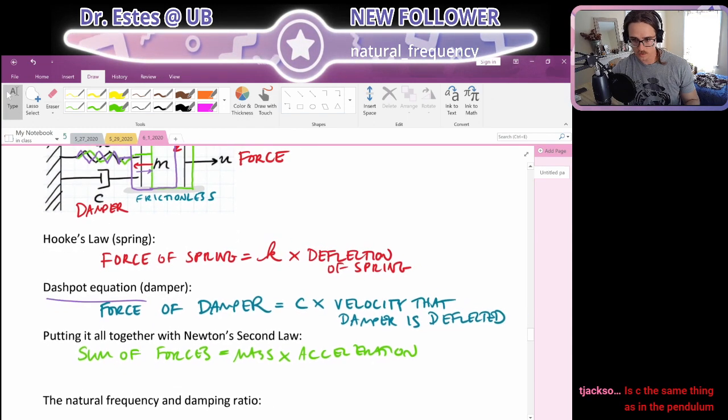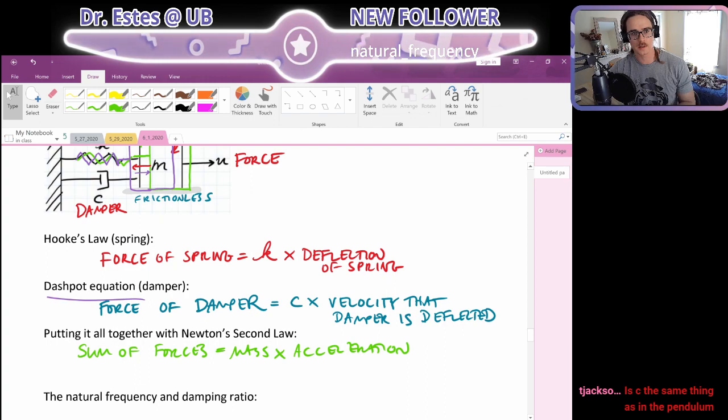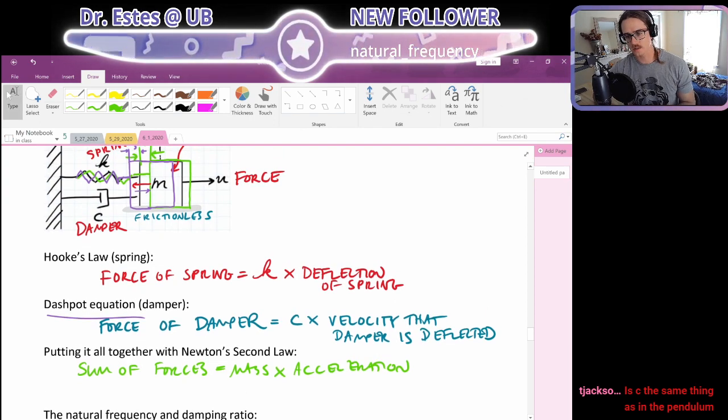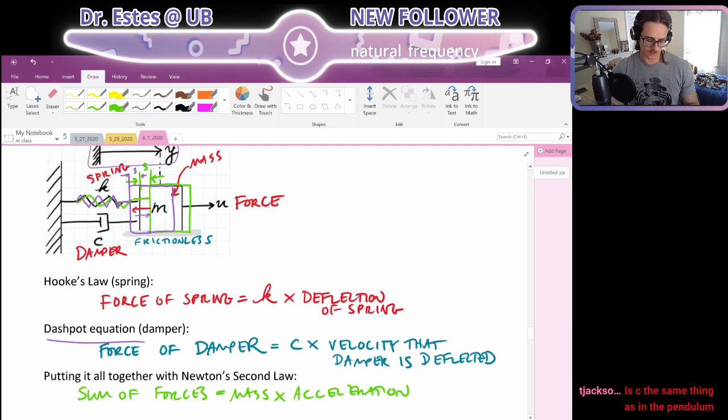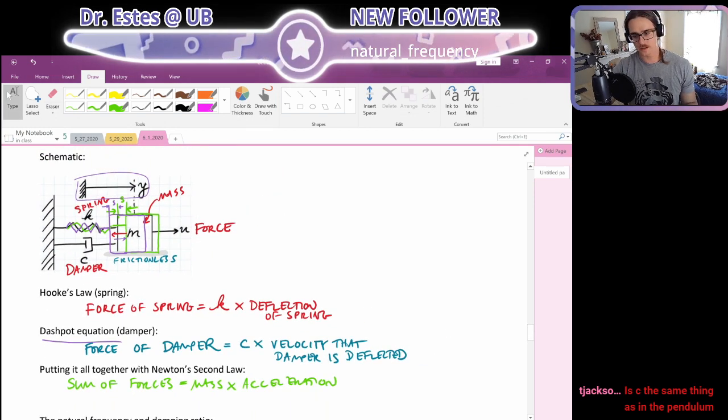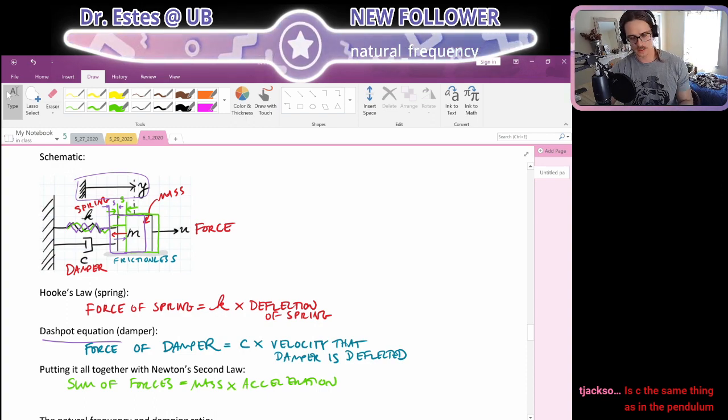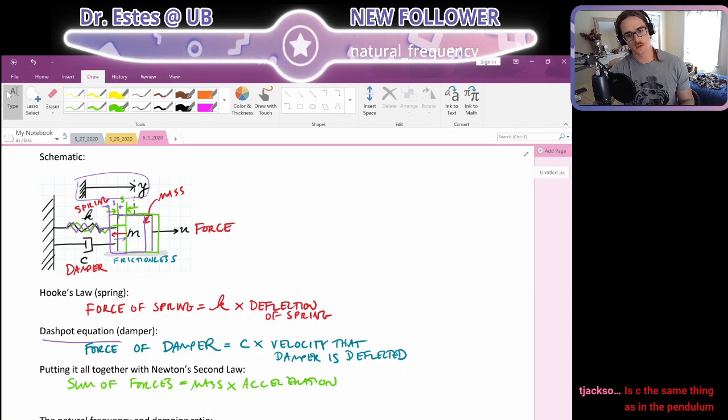Okay. Is C the same thing as in the pendulum? Yes. Excellent question. This is a little different than the pendulum though, because this mechanical system is acting translationally. I mean that nothing is rotating. Things are just moving side to side.